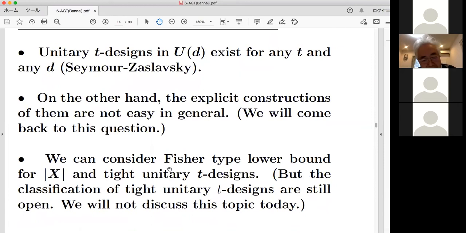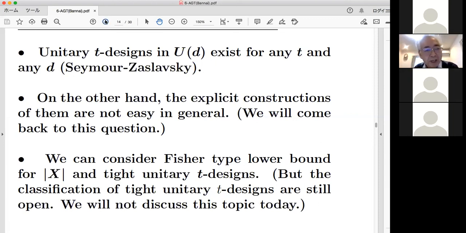And we can consider a Fisher type lower bound for the size of X and tight unitary t-designs. Tight means equality holds in this Fisher type lower bound. But the classification of tight unitary t-designs is still open, and we will not discuss this topic today.